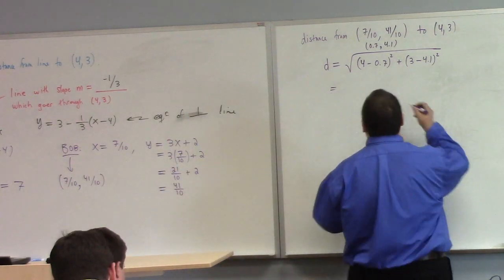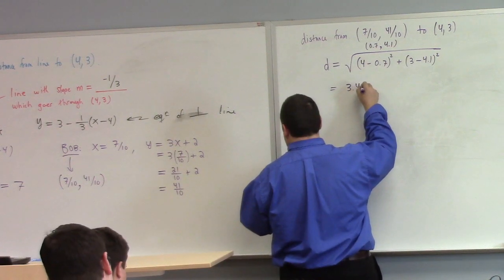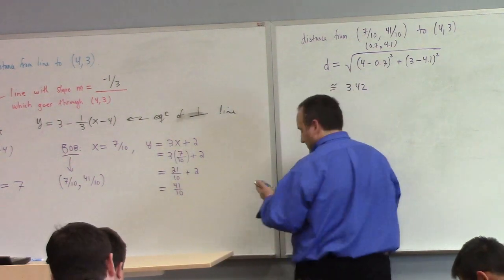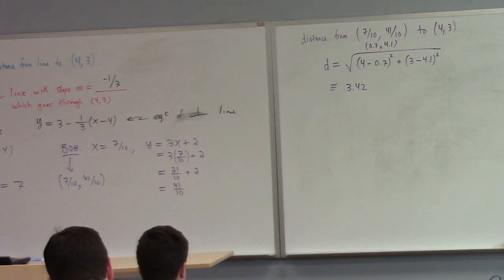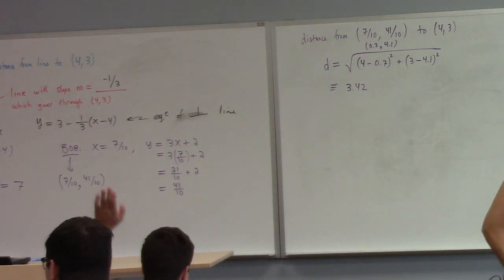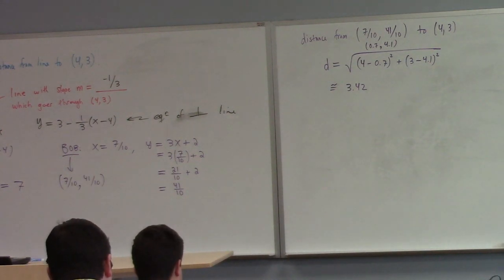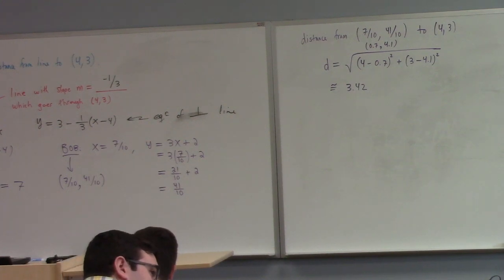Anybody? How many people got 3.47? Show of hands. How many people didn't calculate it? Show of hands. All right. So ignore those people. How many people calculated got 3.47? Anybody calculated and get something else?